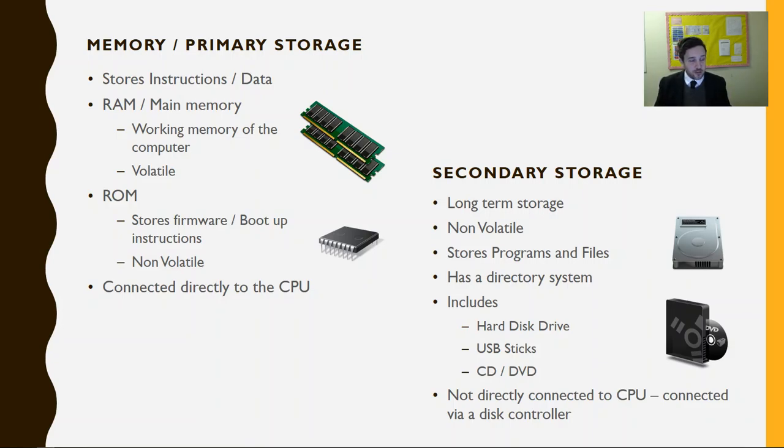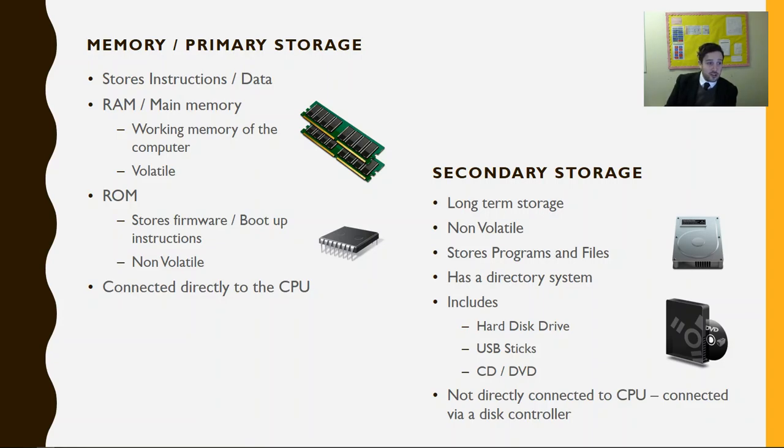It stores your programs and files. It's also got a thing called a file allocation table, which allows the computer to store it in a more systematic manner. So you'll be familiar with the fact that you have folders and drives, and that directory structure is built into the storage devices and provided by your operating system.